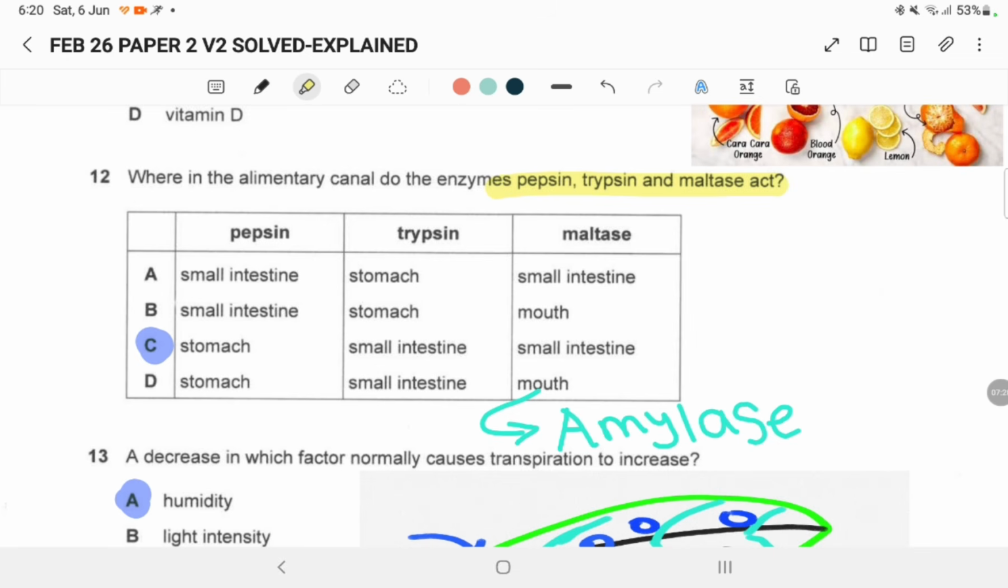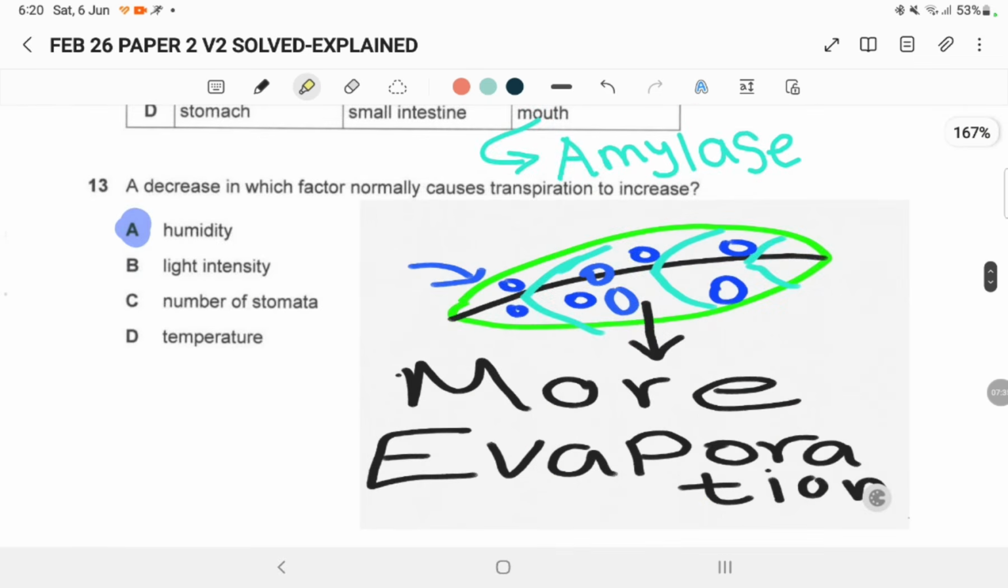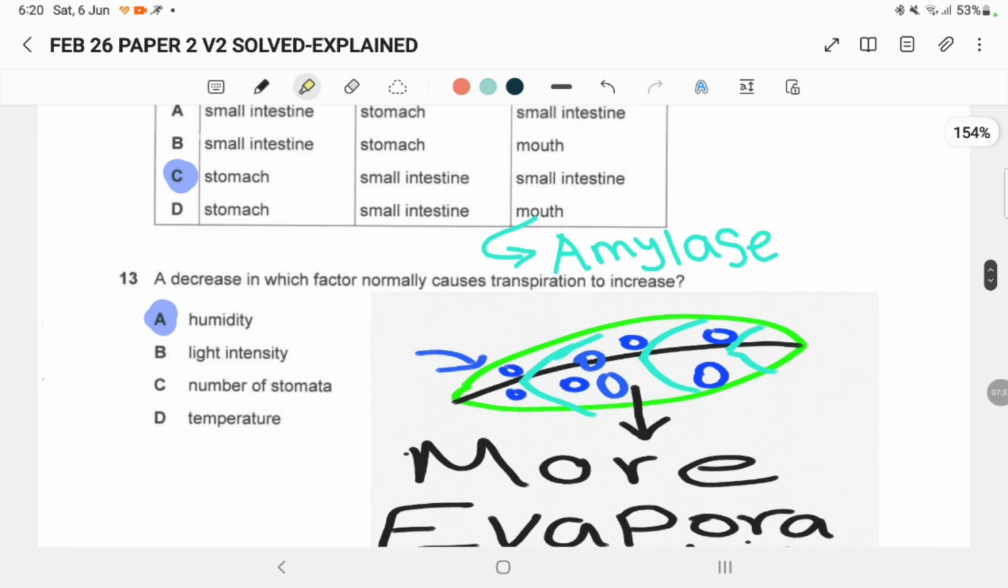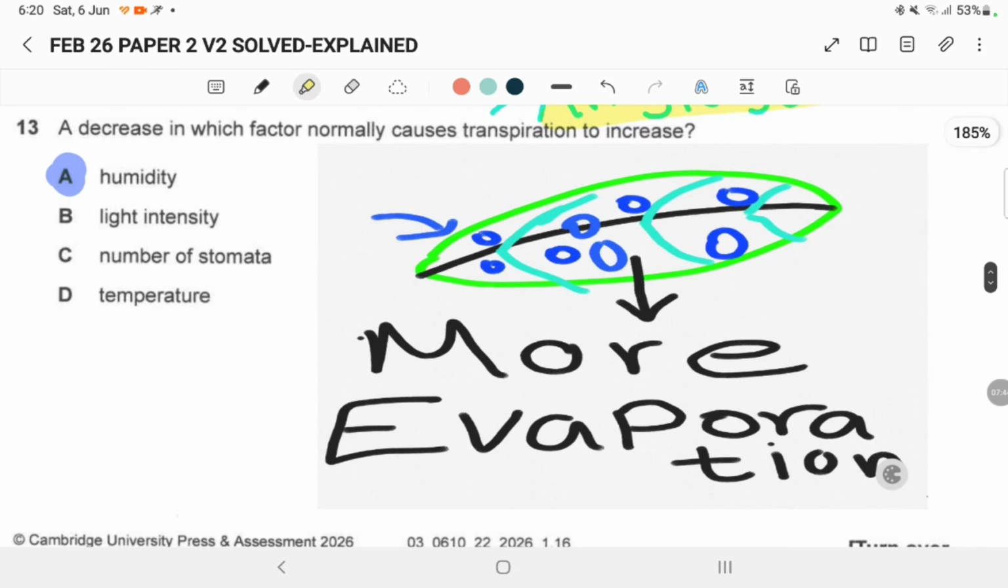It's different. But in this question, he told you maltase. So the answer will be letter C. As I mentioned here, you can study it if you don't know it.